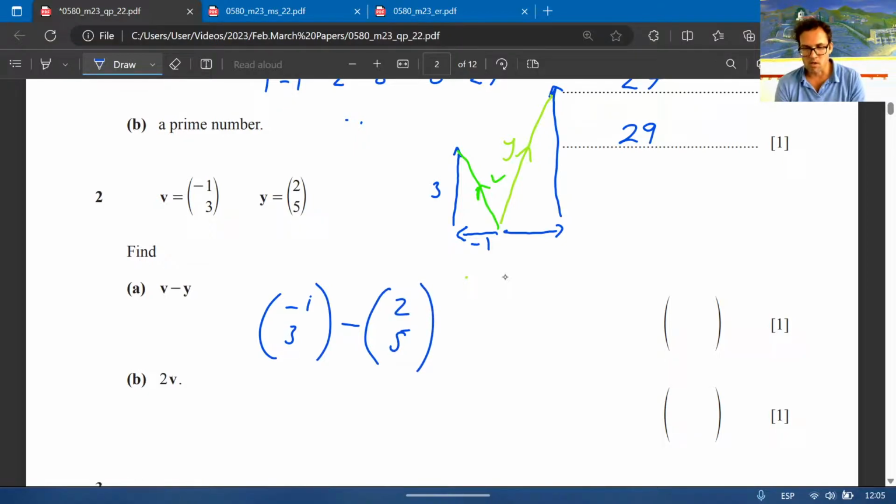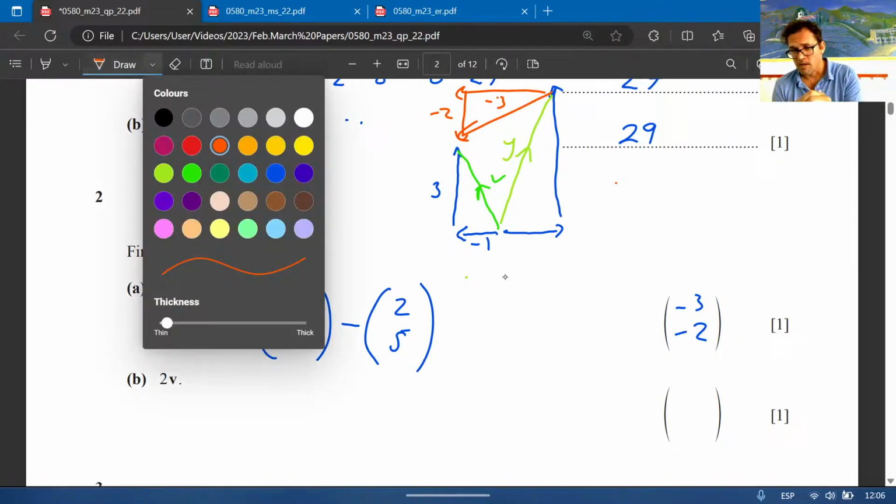So you do -1 minus 2 will give you -3. And 3 minus 5 will give you -2. Which, by the way, let's do this in bright orange, would be then 3 squares to the left and 2 squares down, because that will be the result of the 2 vectors together. Okay, don't want to complicate it, you just subtract the top from the top, the bottom from the bottom.